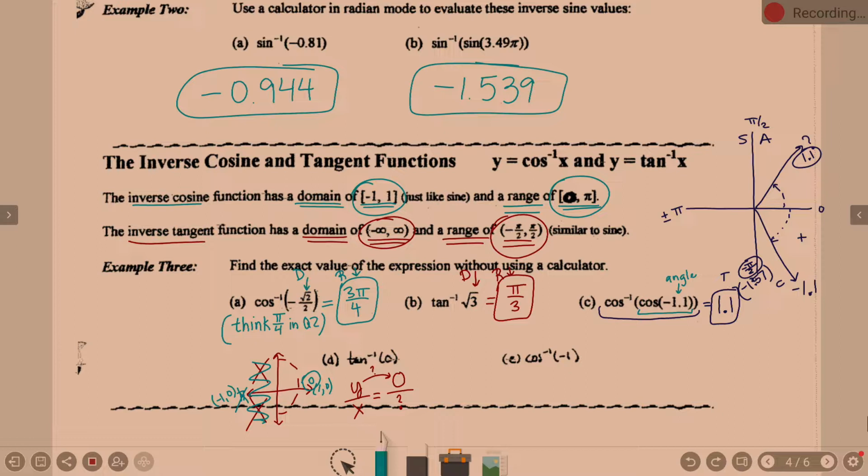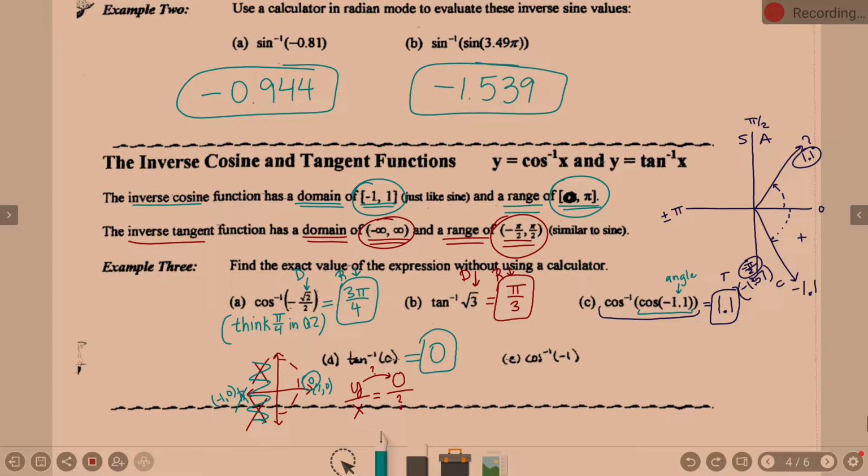So at what angle does tangent equal 0? At 0. I know, it's kind of awkward to say. And that's 0 degrees, 0 radians. I'm just going to put 0 because, again, we're supposed to be talking radians. So when you see those zeros, think about your quadrantals, okay? One more.